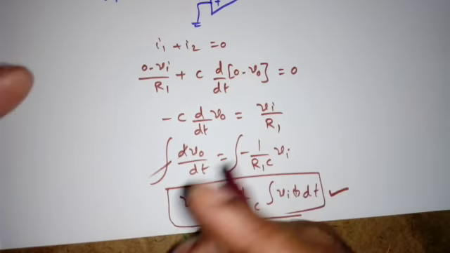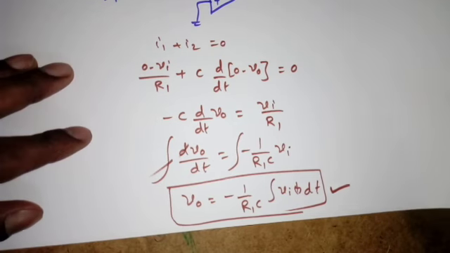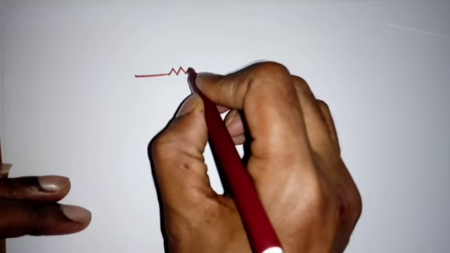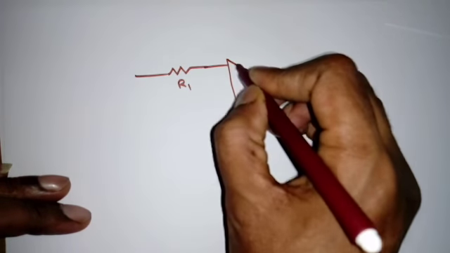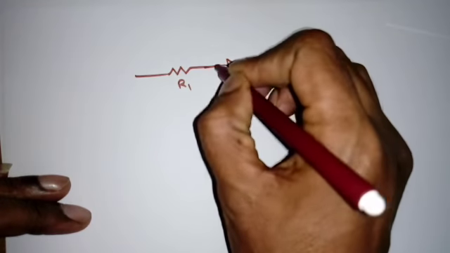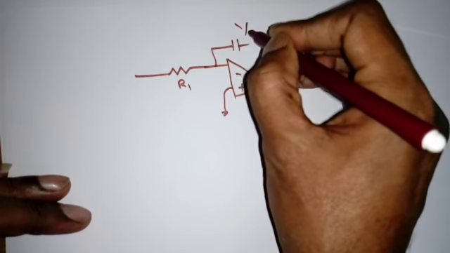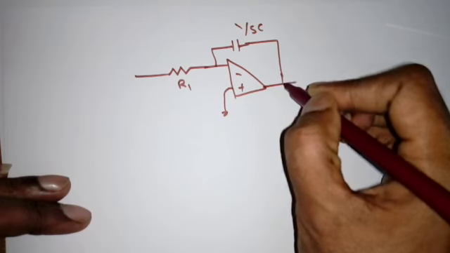Now the same analysis we can do in Laplace domain approach. So same circuit, R1, minus, plus, now capacitor will be replaced in S domain by 1 by SC.